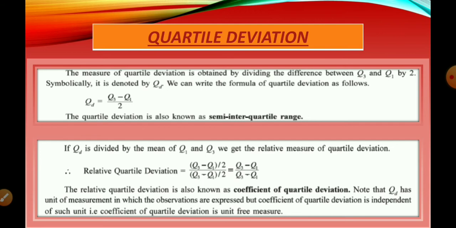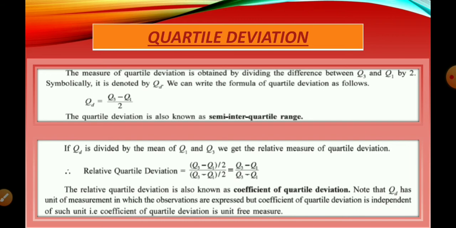In that we will have to learn the formula of absolute measure as well as relative measure. So absolute quartile deviation, that is QD, and relative quartile deviation. Absolute quartile deviation will have the unit, but relative quartile deviation will not have the unit because it is free from the unit of measurement.